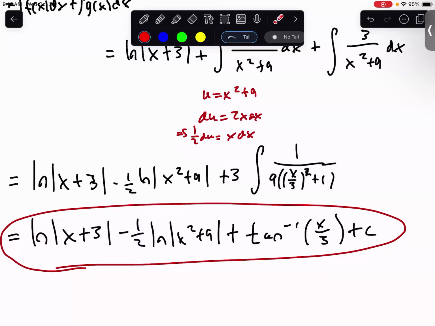Did everyone get the notes? Okay, so next we're going to be going over improper integrals.